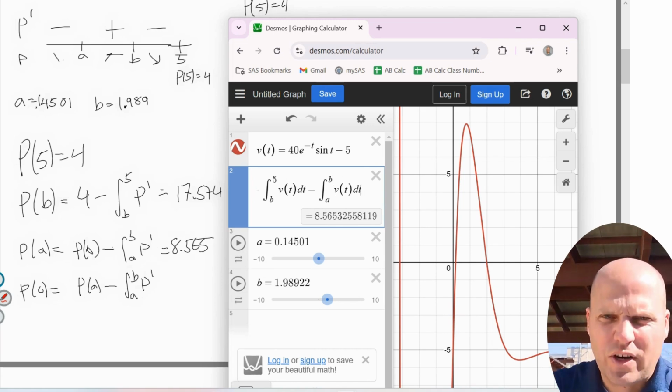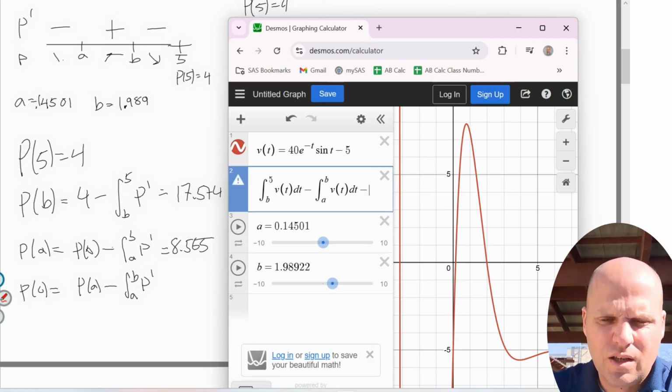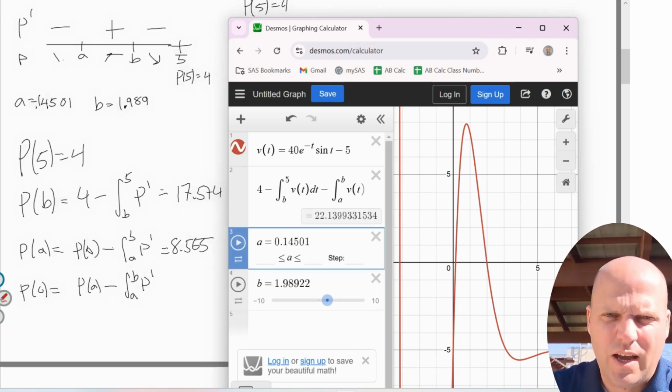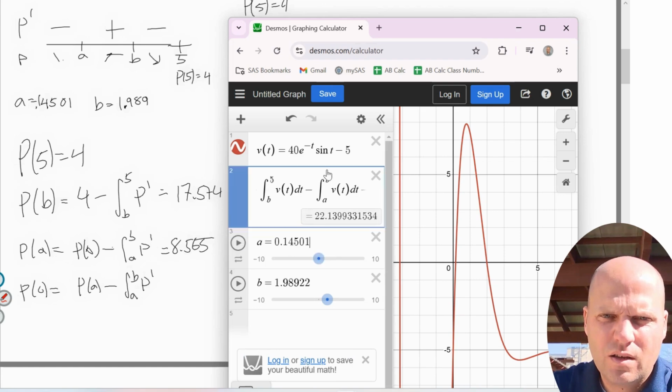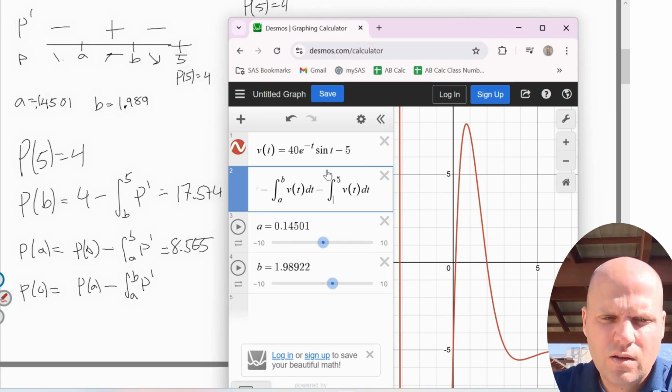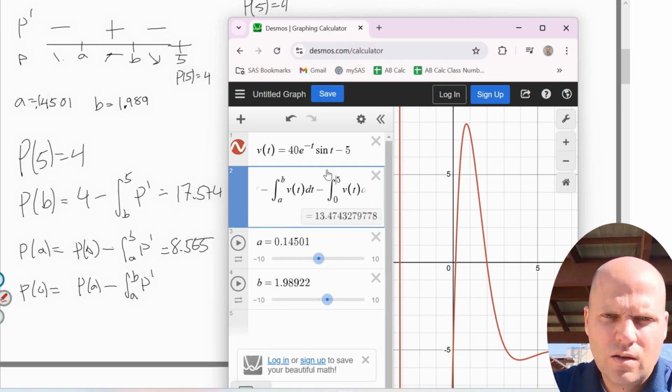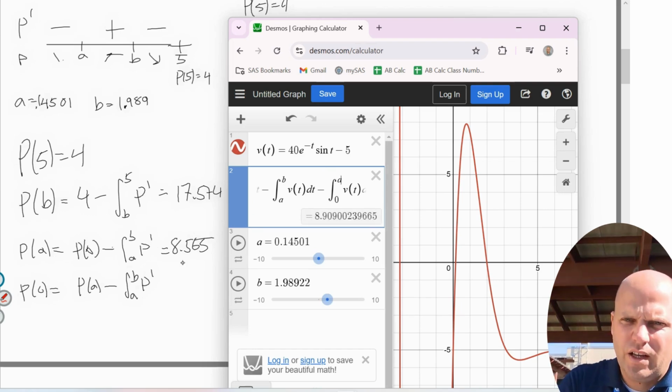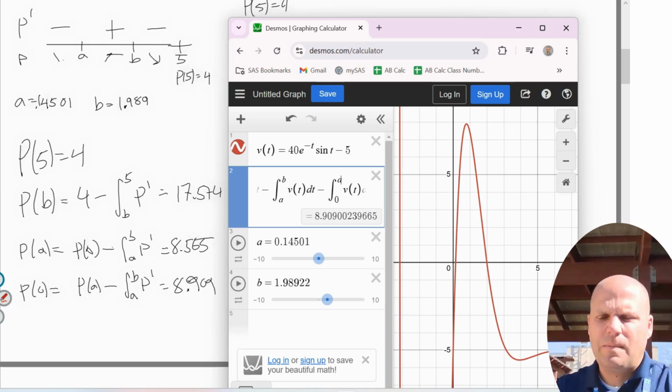Then I'll also subtract the integral from 0 to a. Then I get 8.909. Now, does this make sense?